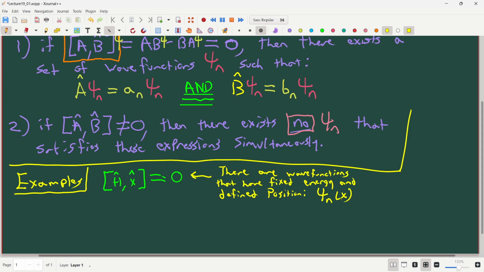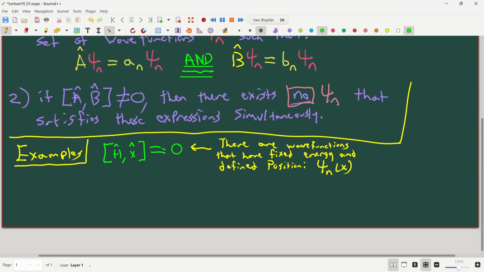So that's good, a nice sanity check that we're doing the right thing. And today, over the last couple of classes, maybe a more relevant example right now is measuring the magnitude of the angular momentum, L squared, and one of the directions.